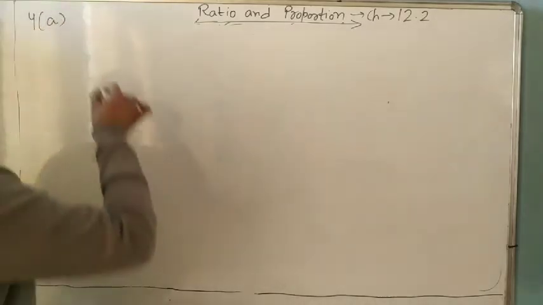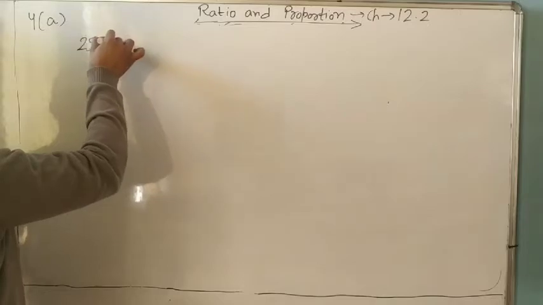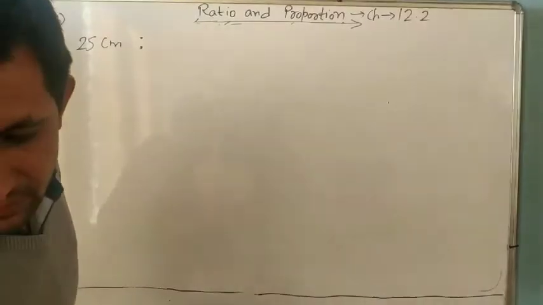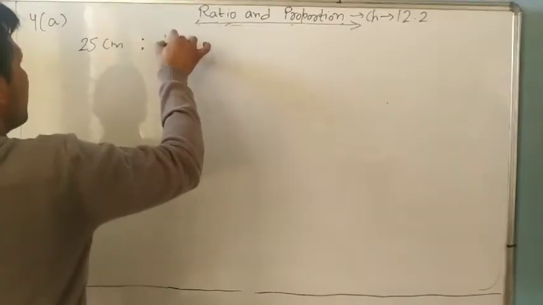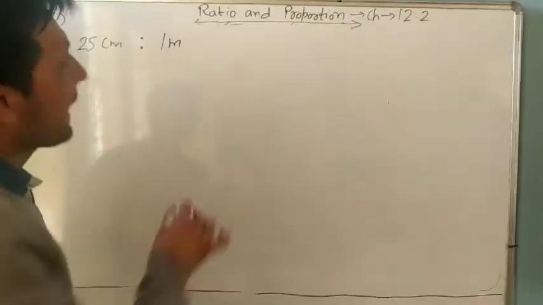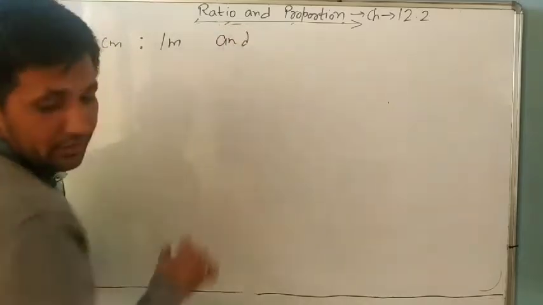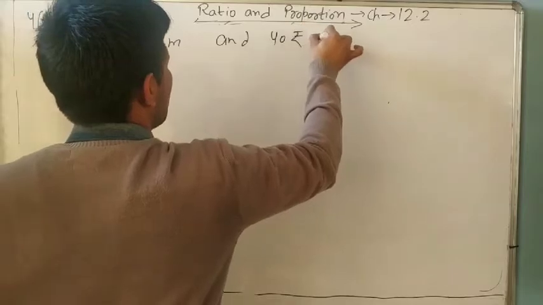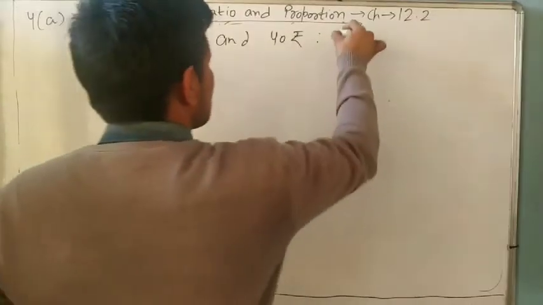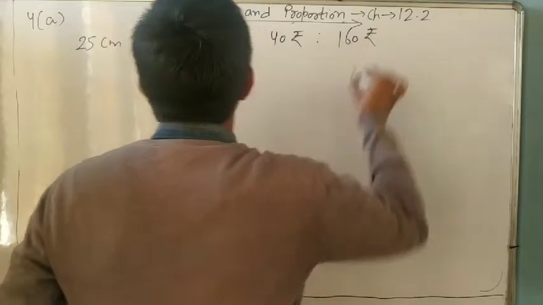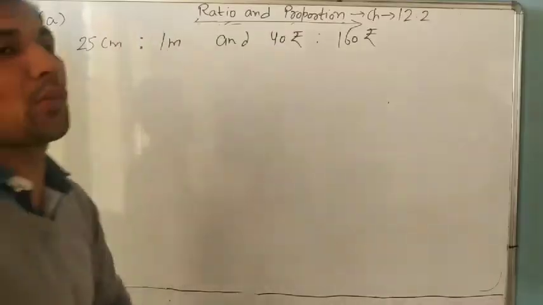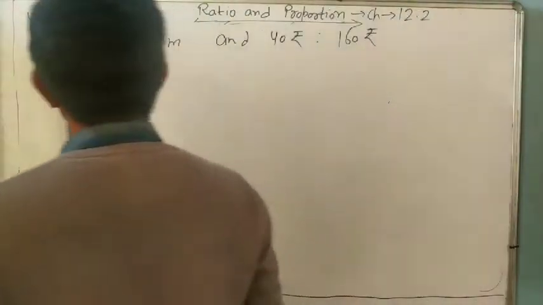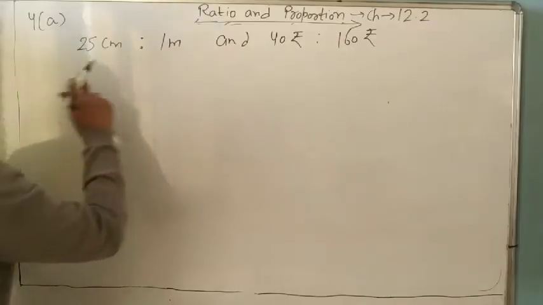What is it? 25 centimeter to 1 meter, and 40 rupees ratio 160 rupees. Now we have to find whether they are in proportion or not. If they are in proportion, we will find the middle terms and extreme terms. So first we will find this one.